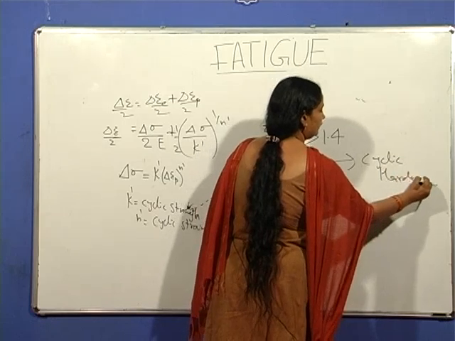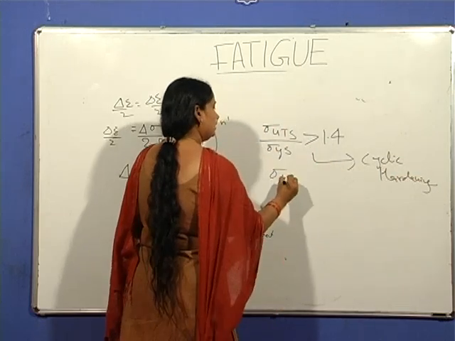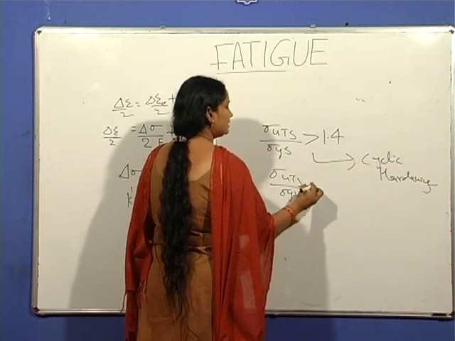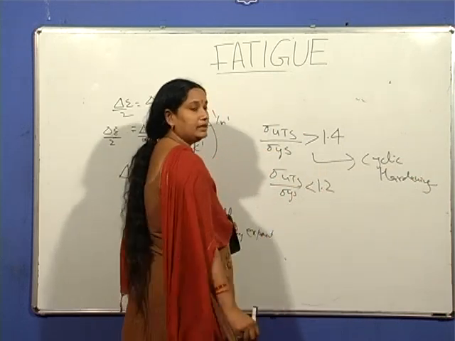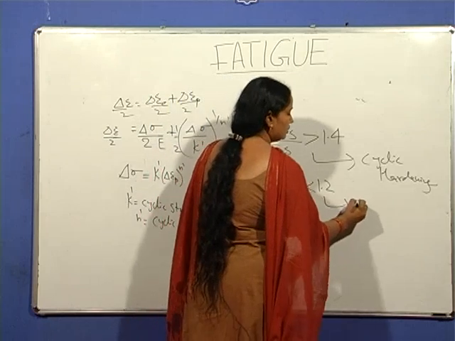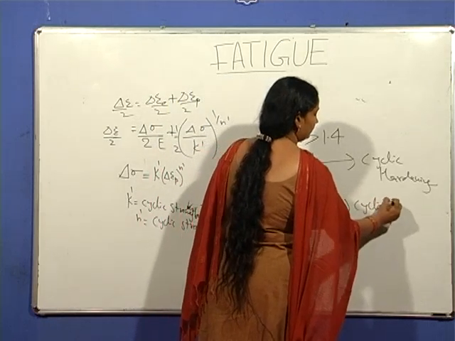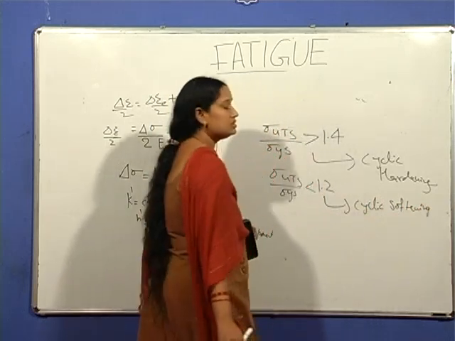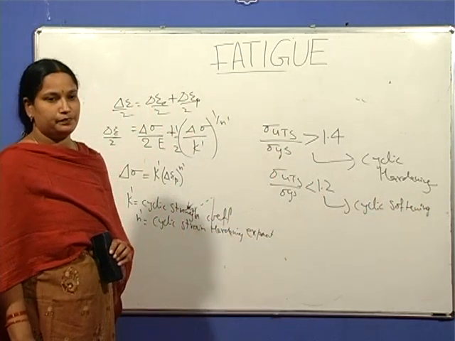And if this ratio is less than 1.2, then the material will undergo cyclic softening.